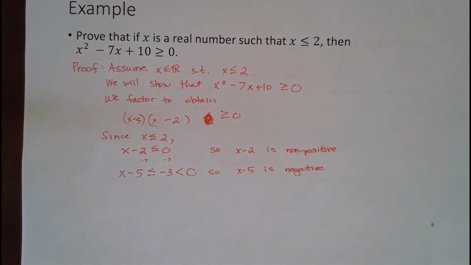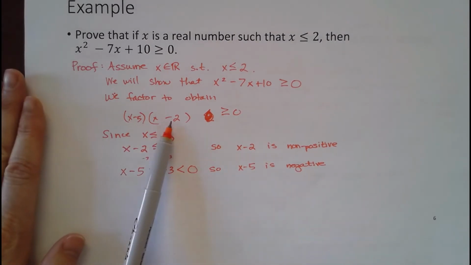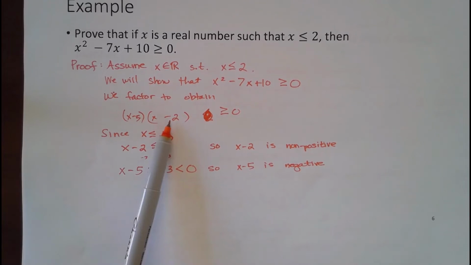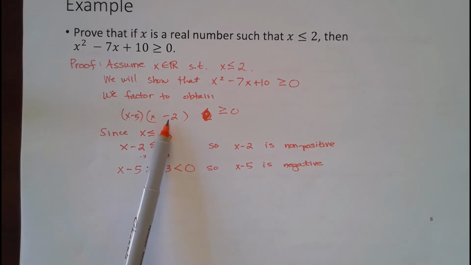Okay. And up here, I have a negative number times a non-positive number. If I multiply a negative and a non-positive, what can I guarantee that the product is? Non-negative.